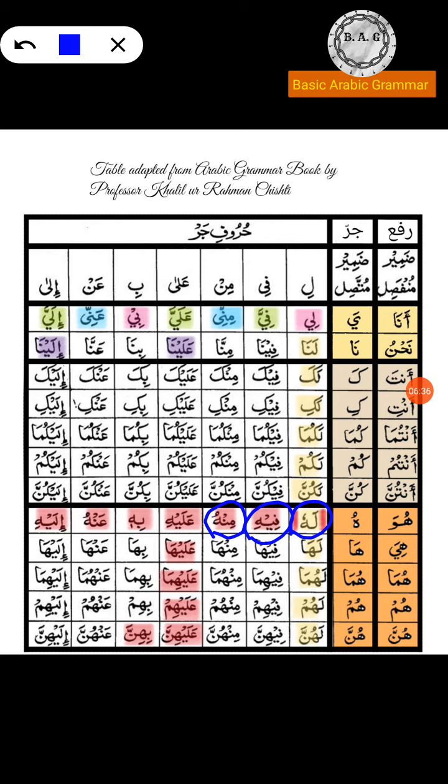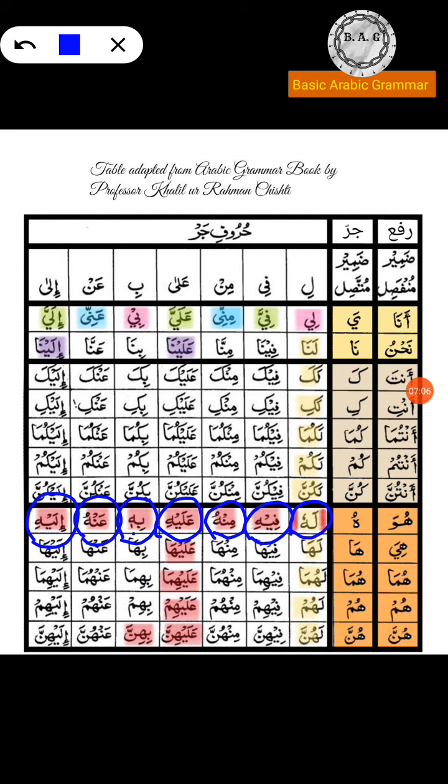So instead of saying minhi, we say minhu. It remains the same. Then alayhi. So that's why it's alayhi and not alayhu. Similarly, we have bihi. And ilayhi is once again a lay sound. Therefore, a kasra. And finally, anhu. Anhu and minhu are the same.